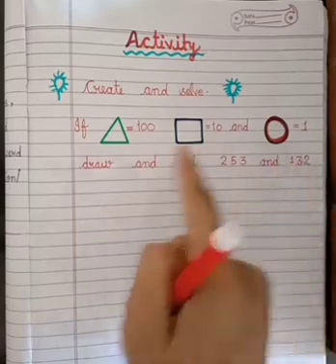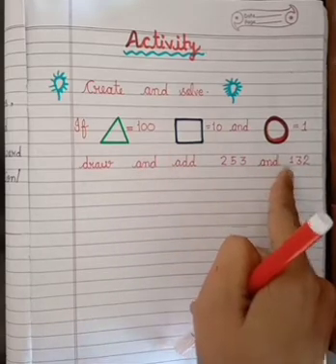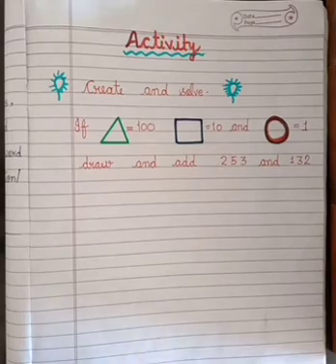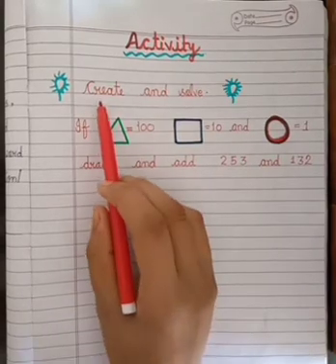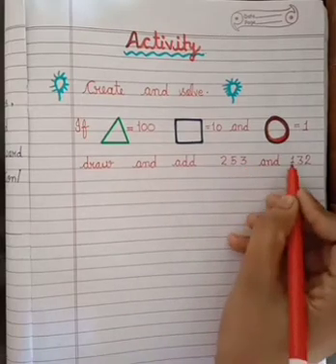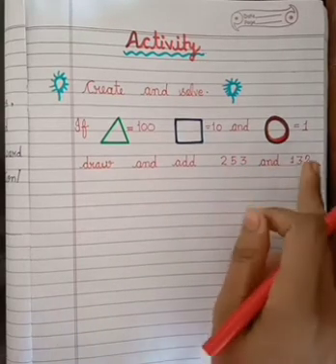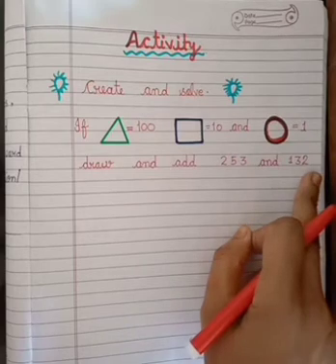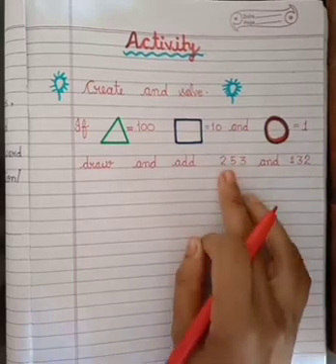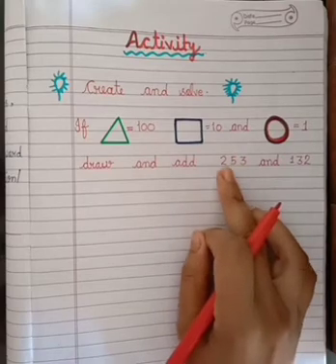So now how to solve it? I am explaining. Let's see. Create and solve. 253 and 132. We have to solve this addition. So what we have to do? First, we have to find out the place value of all the digits.